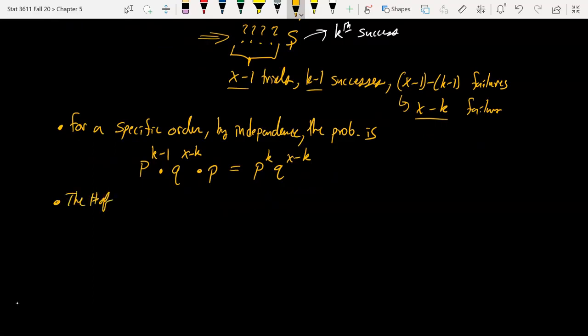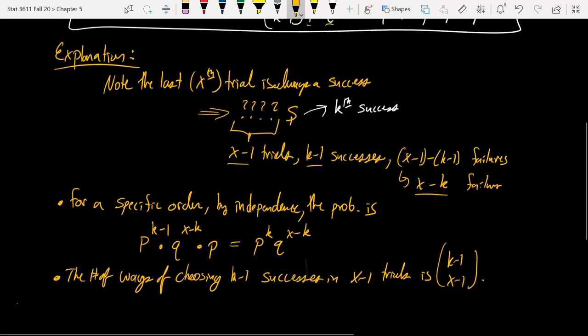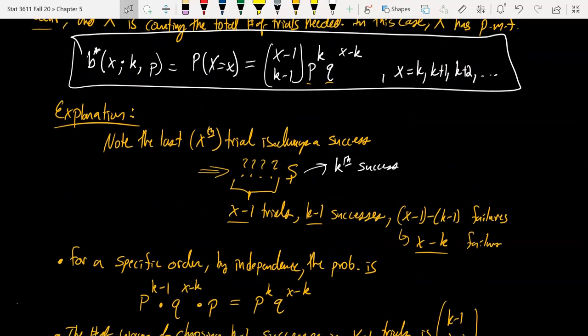The number of ways of choosing k minus 1 successes in x minus 1 trials is... what do I have?